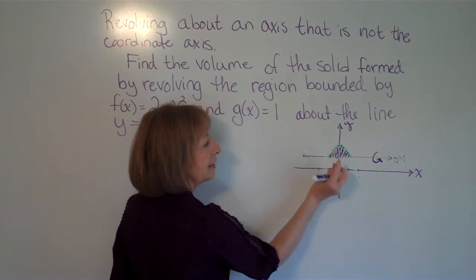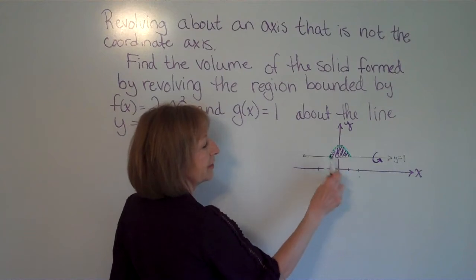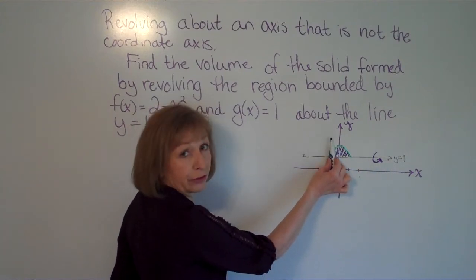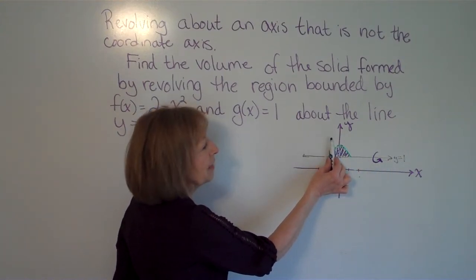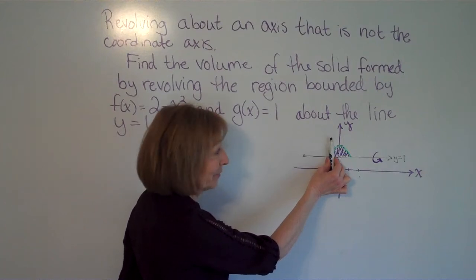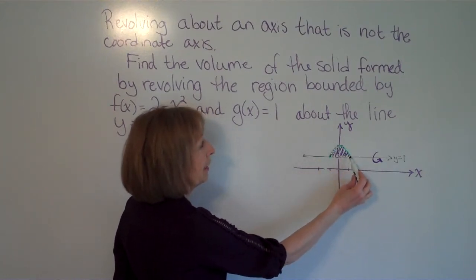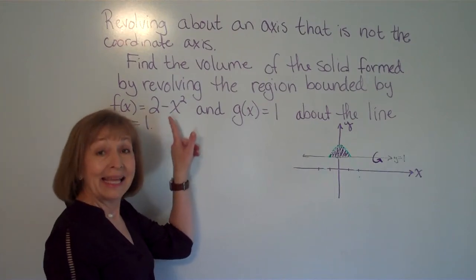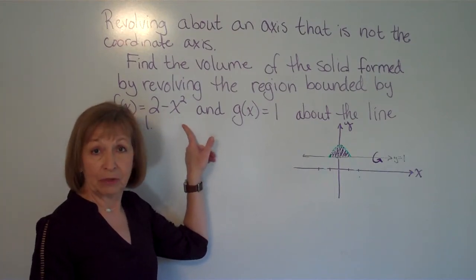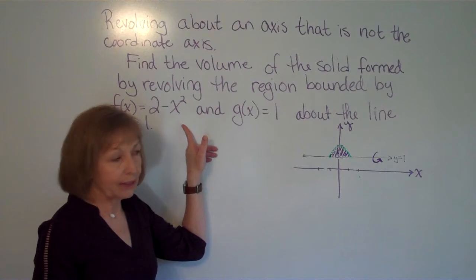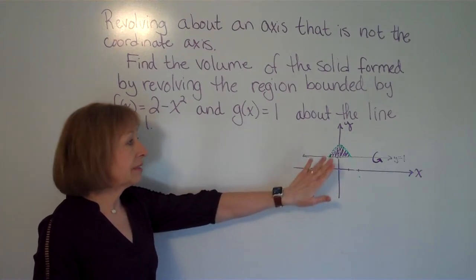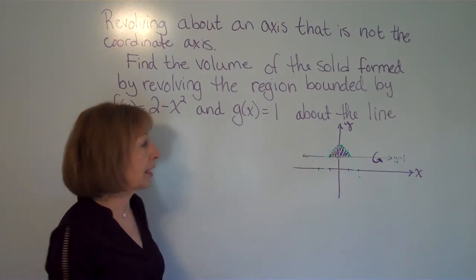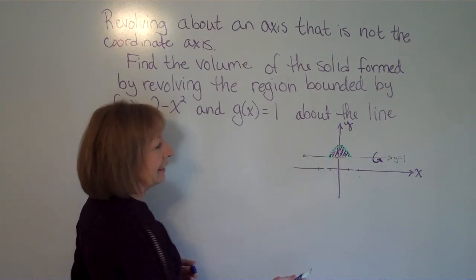So here the perpendicular to the axis of revolution would give me vertical subrectangles, so that would be dx. And this equation is already solved for y equal an expression in x, as well as being an expression that's very easy to integrate.